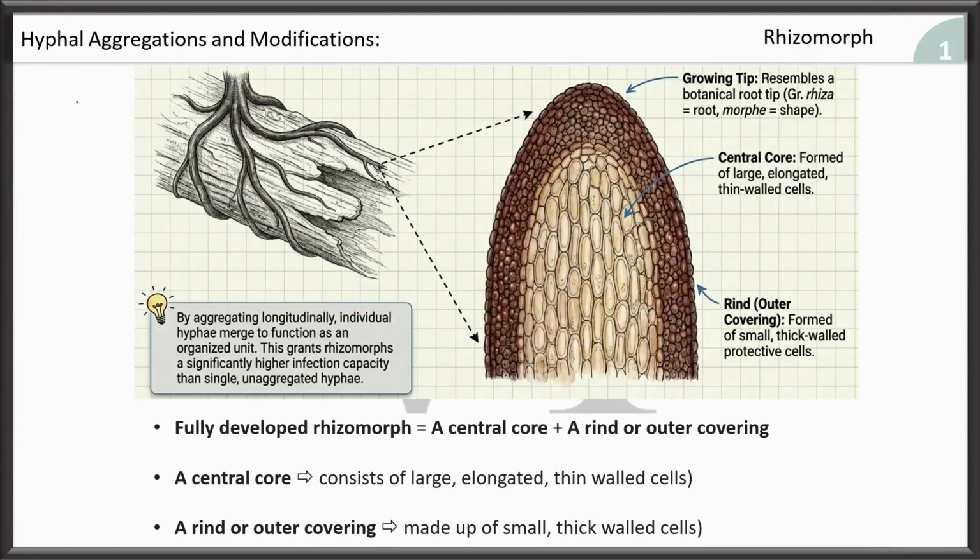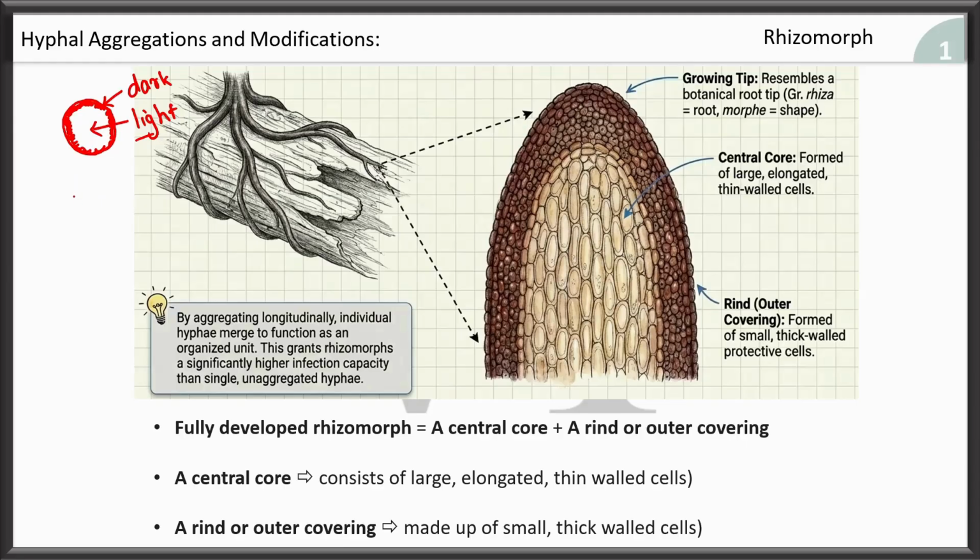Now, if you take a transverse section of this rhizomorph, the outline will be somewhat round, and if you observe this section under a light microscope, you will see the peripheral region is dark in color and the central region is light in color.